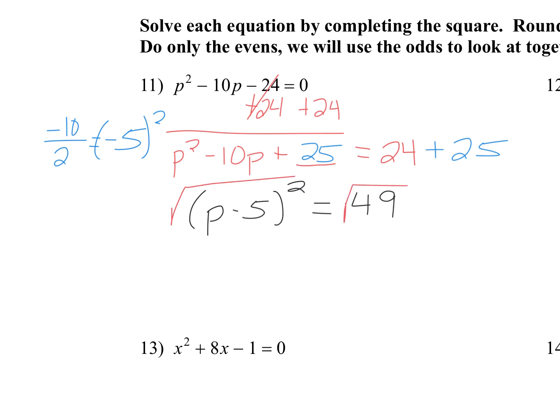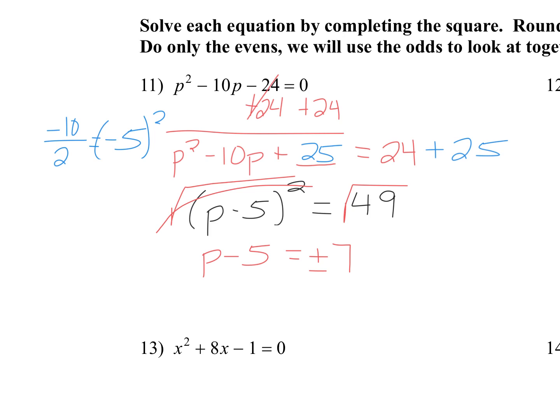What's left on the left side after I take the square root? Remember, that goes away, so we're left with p minus 5 equals, what's the square root of 49? 7. What am I missing with that? Yep, positive, negative. Okay. Remember, with quadratic equations, how many solutions are we supposed to have? 2. That's where that positive, negative comes in.